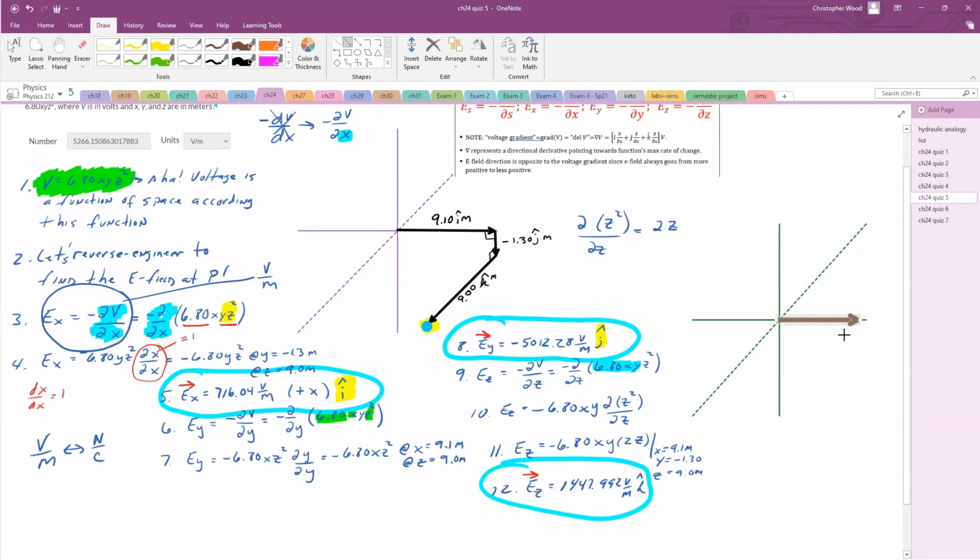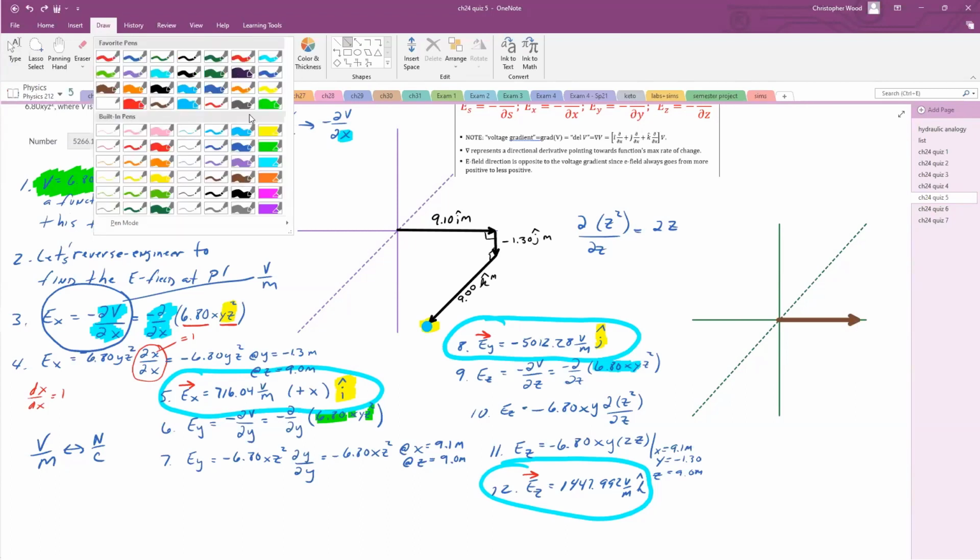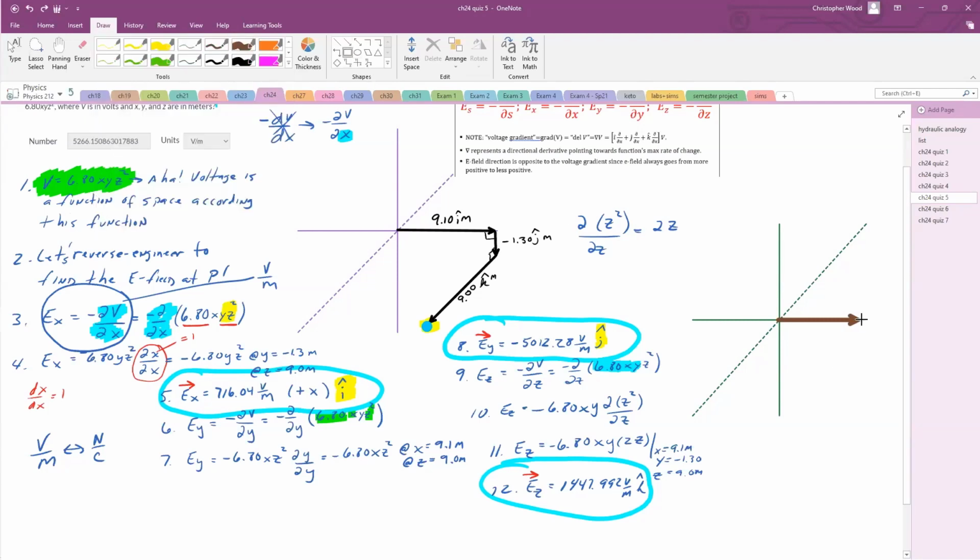My Y component is going in the negative direction. Let me try that again. Oh, wrong geometry. Okay, and what's going on with my Z? My Z is coming out of the screen like this a little bit.